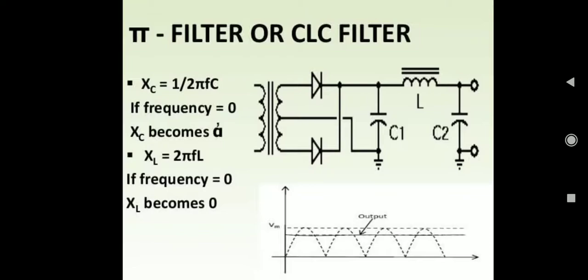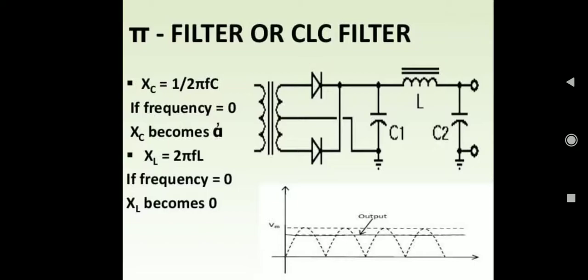This circuit is designed with two filter capacitors, namely C1 and C2, and a choke mentioned with L. These three components are arranged in the form of the Greek letter pi. This is the reason the circuit is named a pi filter.